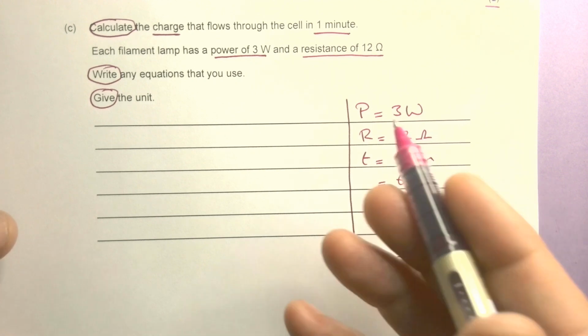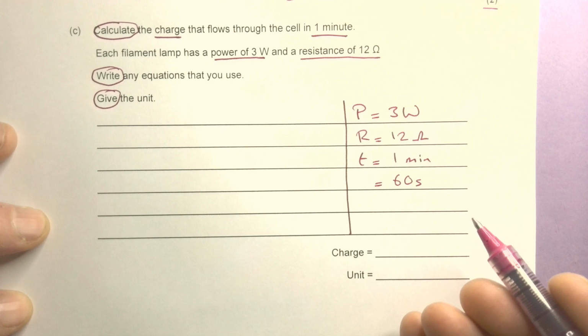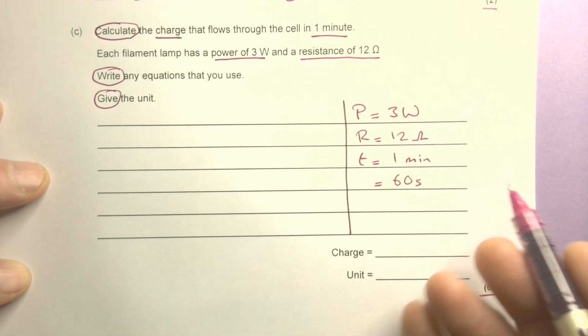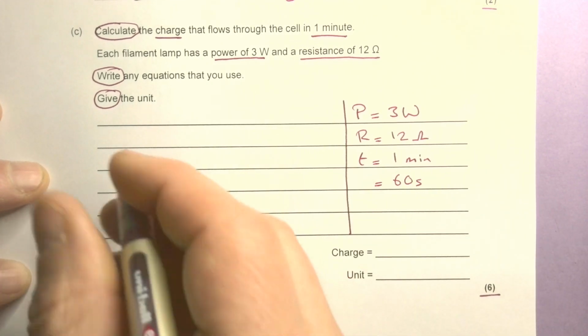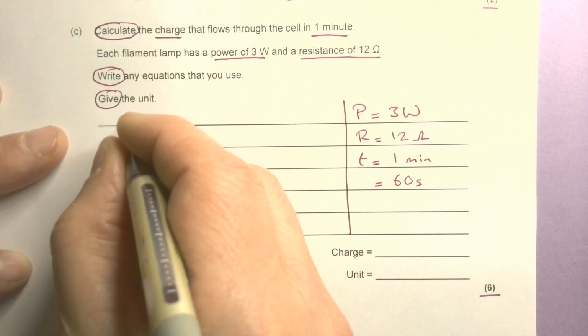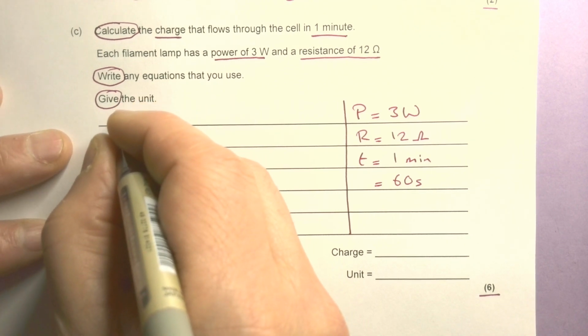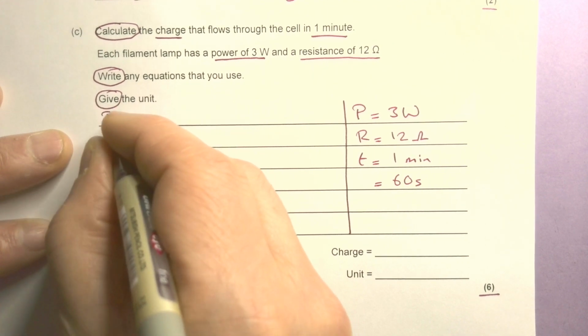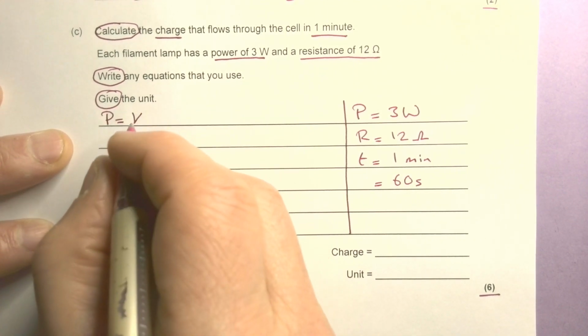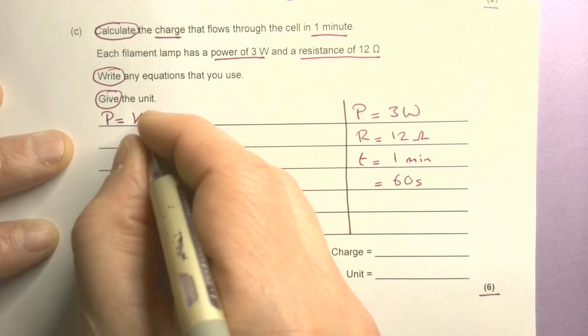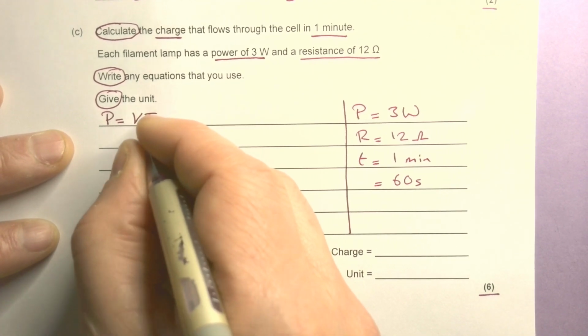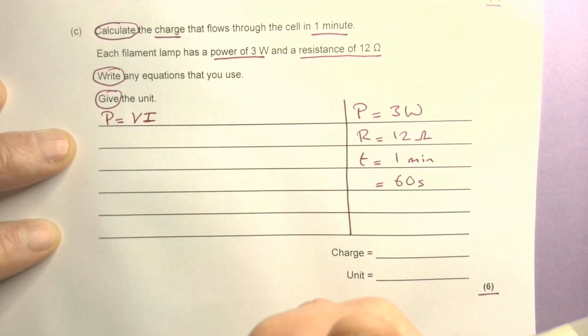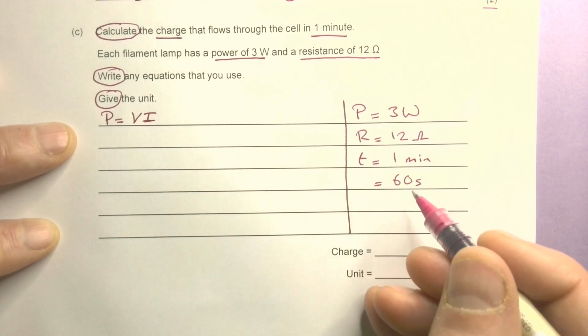So the equations I'm going to use are, I know that power equals V times I. Is that going to help me very much?